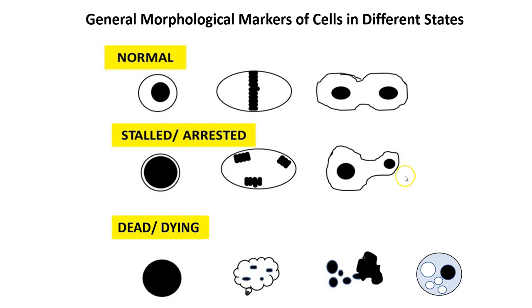Again, my depiction is exaggerated. Sometimes you see them just like that. Sometimes the membranes look pretty similar, but the nuclei are very different in size, indicating that the chromosomes did not segregate appropriately. So that would be another example of a stalled or arrested cell.